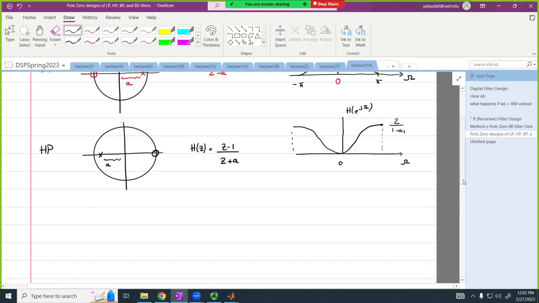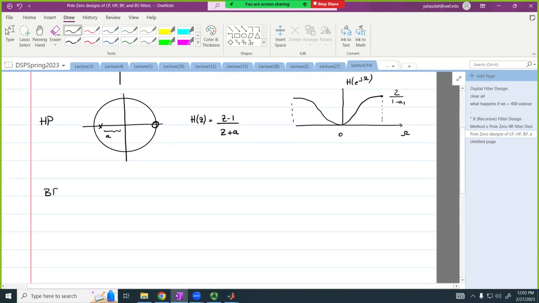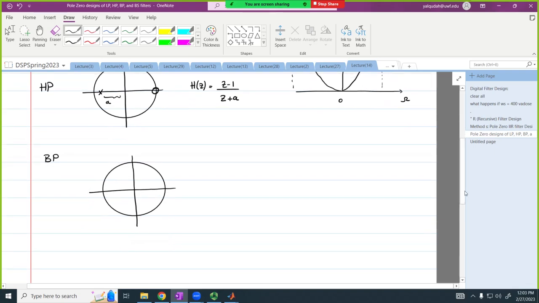Okay, let's do a band pass filter. So the frequency response that we want is something like this, rougher than that.